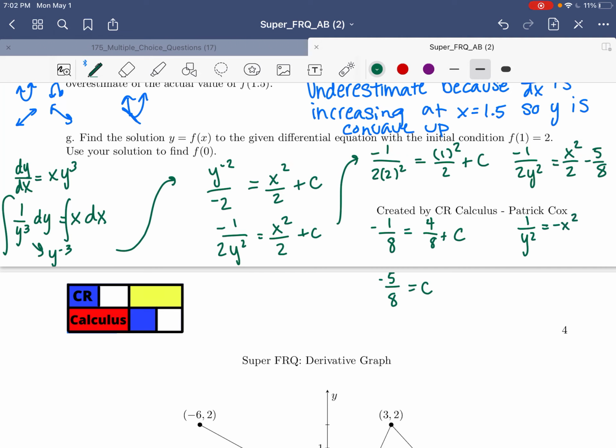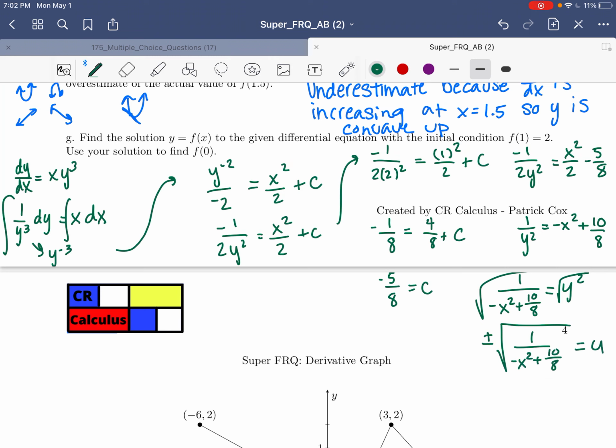It's just negative x squared plus 10 over 8. Then I'm going to multiply by y squared, divide by everything else. So it's going to really end up 1 over negative x squared plus 10 over 8 equals y squared. Then I just square root it. So plus or minus square root of 1 over negative x squared plus 10 over 8 equals y.